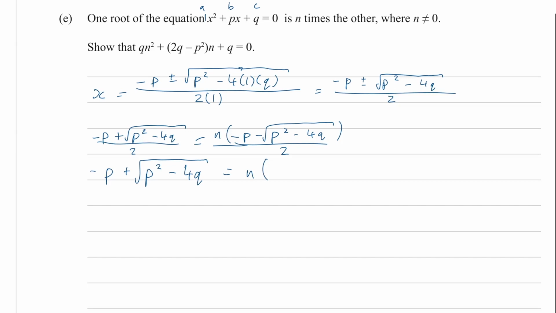And it's good to write it like that because it's clear that it's n times this whole numerator, not just n times minus p. It's times. All right. This is already looking closer to what we're after.